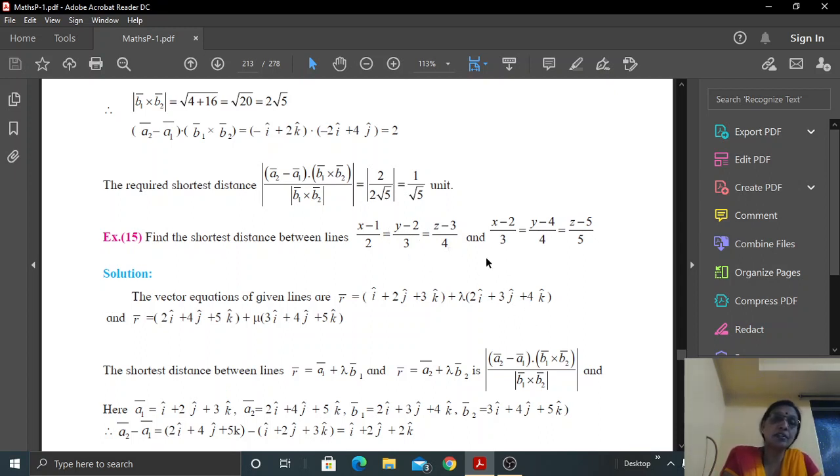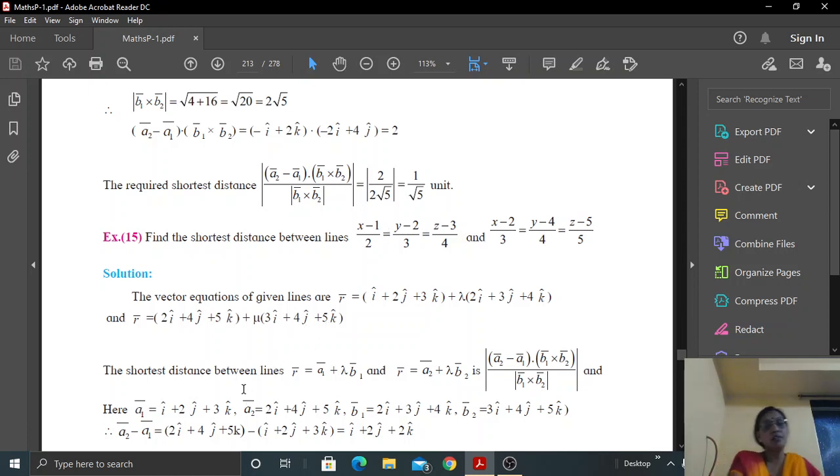Similarly, write the other Cartesian equation also in vector form. We get r bar equal to, see here, this line is passing through the point 2, 4, 5 and having the direction 3, 4, 5. So write 2 i cap plus 4 j cap plus 5 k cap plus mu into the bracket 3 i cap plus 4 j cap plus 5 k cap.